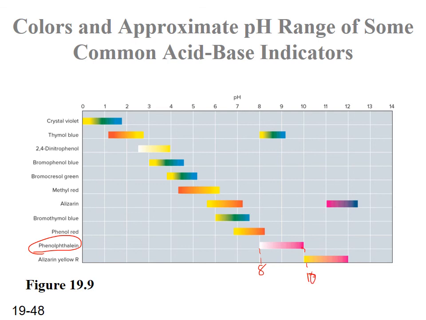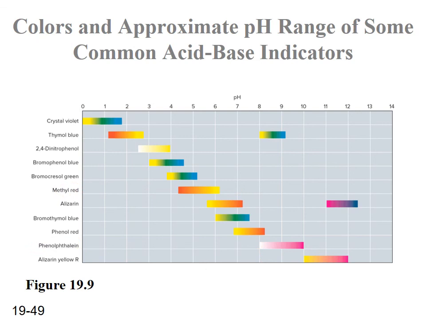So below 8, the phenolphthalein is colorless, and above 10, it is pink. Methyl red, on the other hand, is red when the pH is below about 4.2 and becomes yellow when the pH is above 6.2.